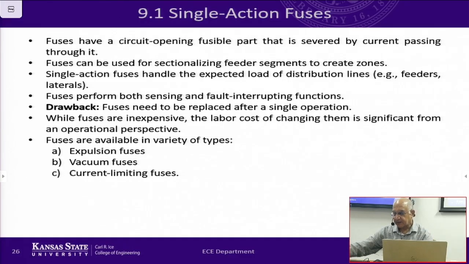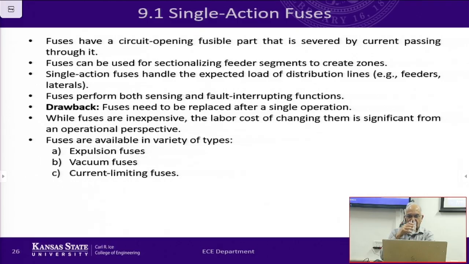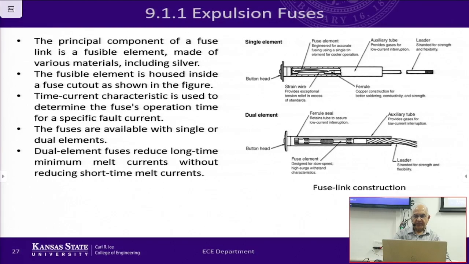There are different types of fuses available: expulsion fuses, vacuum fuses, and current limiting fuses. Expulsion fuses are the most common kind of fuses. I will show you some pictures of that. So this is the inside of a fuse, and this middle part here is the fuse element.